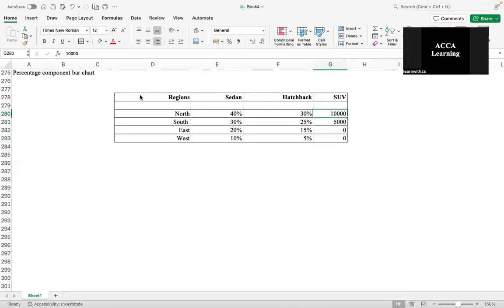And then for SUV, you could have 30%, 45%, 65%, 85%, normal. Okay.